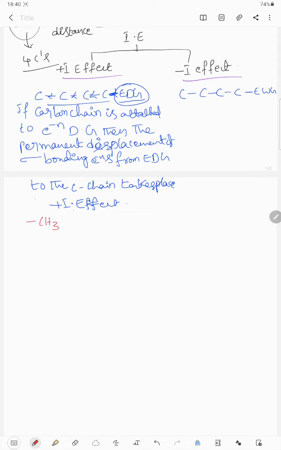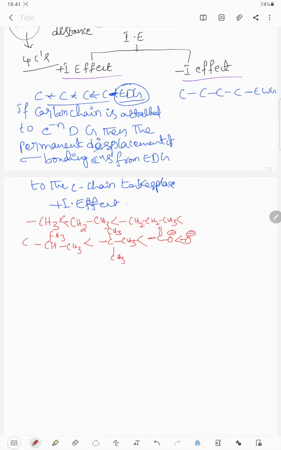CH3, and next one, CH2CH3, the ethyl group, and next one, the propyl group, CH2CH2CH3, next one, the isopropyl group, CH3 and CH3, next one, the tertiary butyl group, CH3 and CH3, next one, carboxylate, C double bond O minus, next one, peroxide, O minus, next one, amide, NH minus, next one, methyl anion, like this.